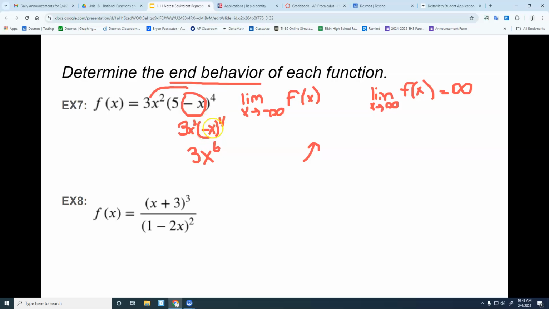You are raising both of these things in the parentheses to the 4th power. Oh. So negative to the 4th is like a positive 1. It kind of goes away, but you still have x to the 4th power there. And then since this side goes up and I have an even exponent for that highest exponent, I would also go up on the other side. So I would get positive infinity for both of these.